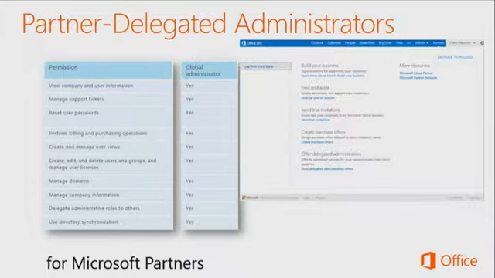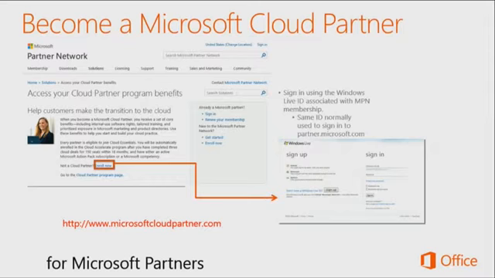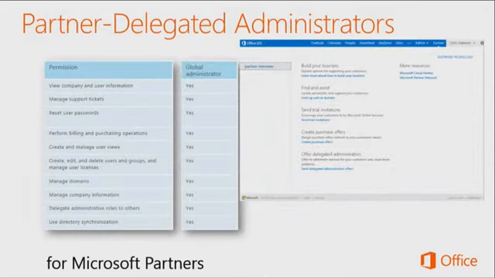We can create and manage users. Everything that we could do if we physically logged into their tenant, we can do by doing what's called partner delegated administration. So we can find and assist, look up their domain. I'm going to show that on the first screen. There's a screenshot here of where that is, and we're going to go into that a little deeper in a little bit.